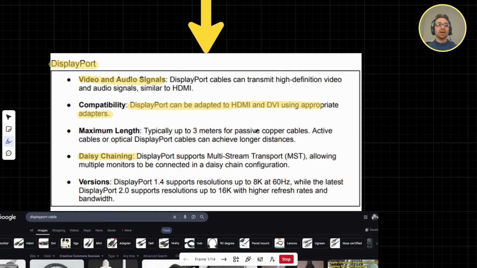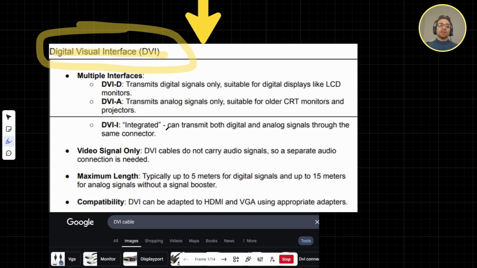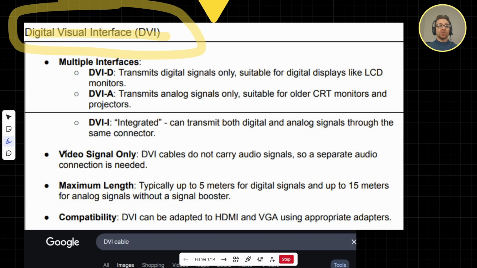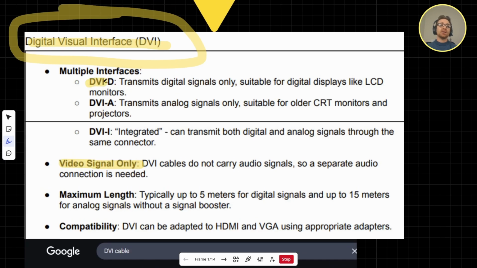The next one is DVI, or digital visual interface cables. These guys only transmit video signals, and there are 3 different types. There's DVI-D, which transmits digital signals only. There's DVI-A, which transmits analog signals only. D for digital, A for analog, and DVI-I, which transmits both.